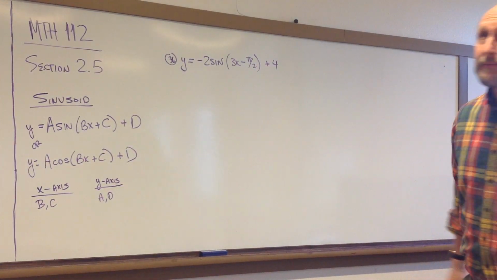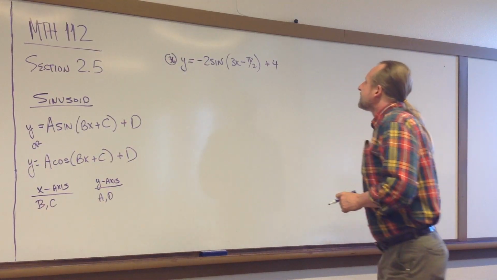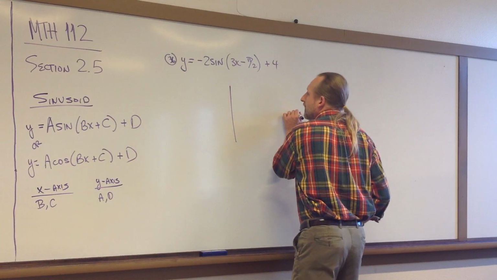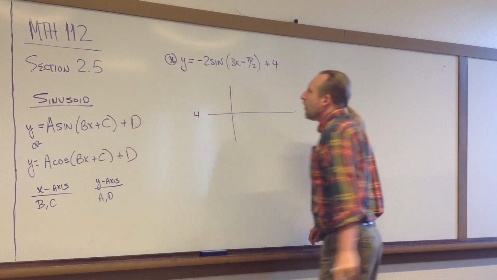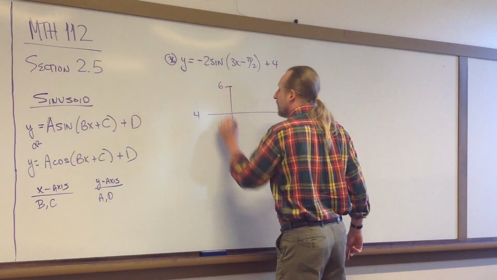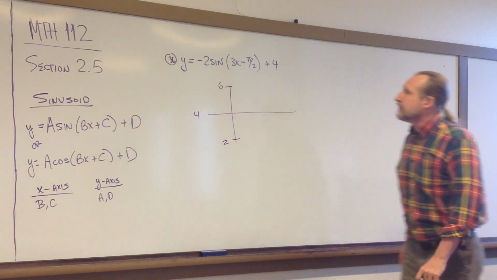All right. Let's see. So the value of d tells us our midline value will be 4. This tells us the amplitude is 2, so it's going to go up to 6, and it's going to go down to 2.